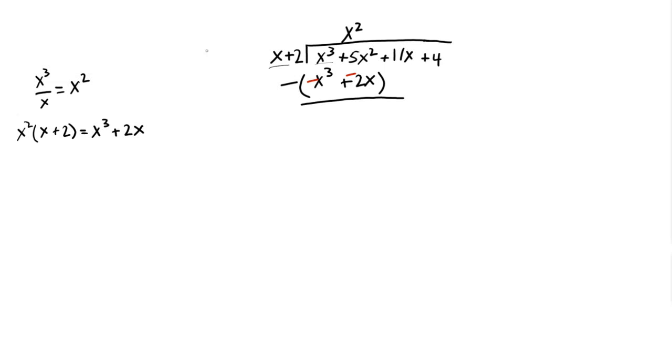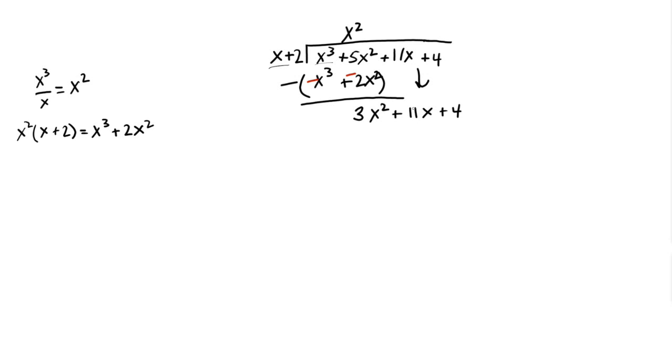When I combine these, I've got x to the third minus x to the third is 0, and I've got 5x squared minus 2x squared, which is 3x squared. Now I have to bring down everything that's left. So plus 11x plus 4.